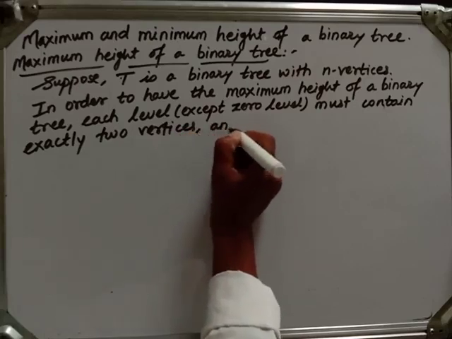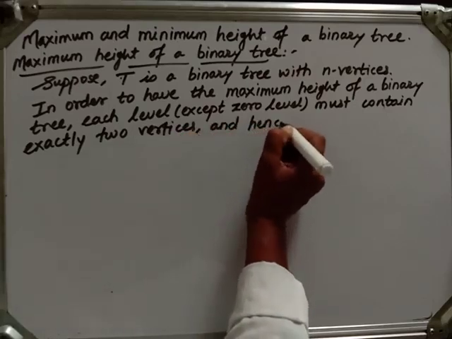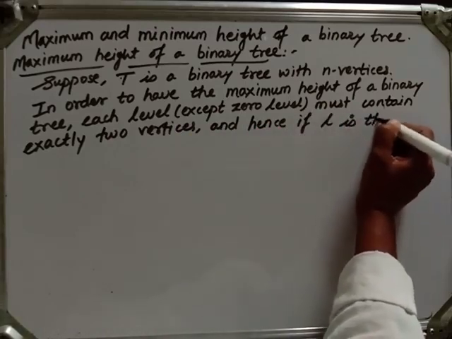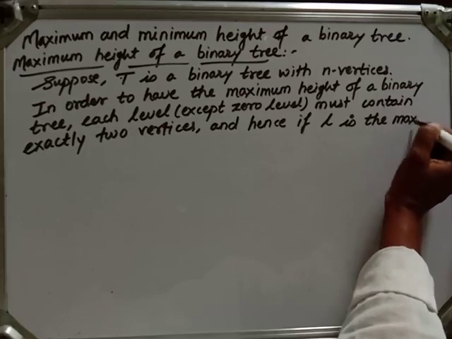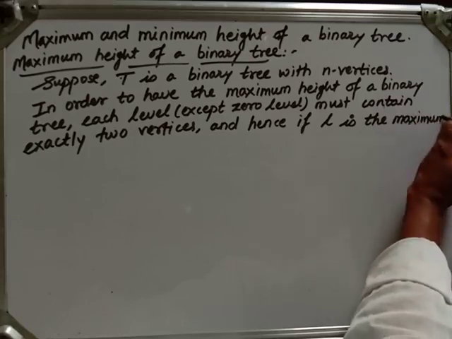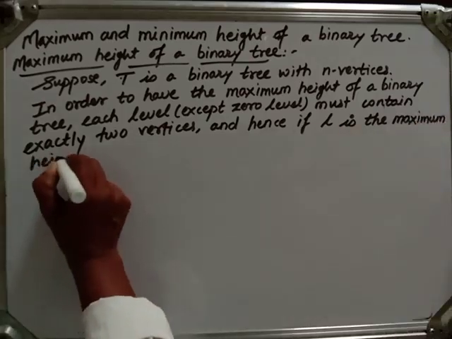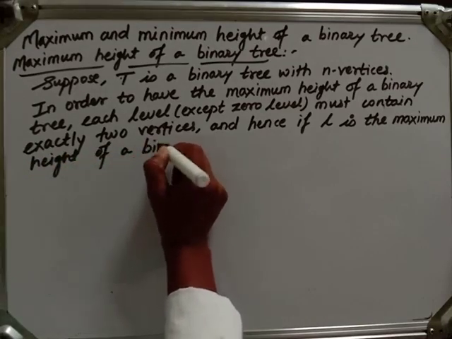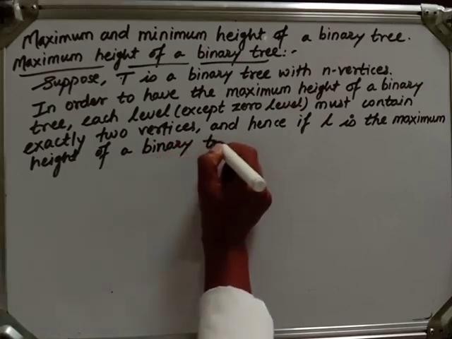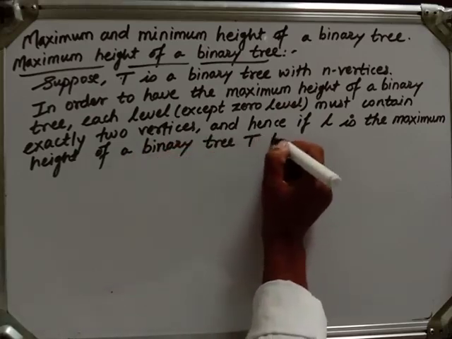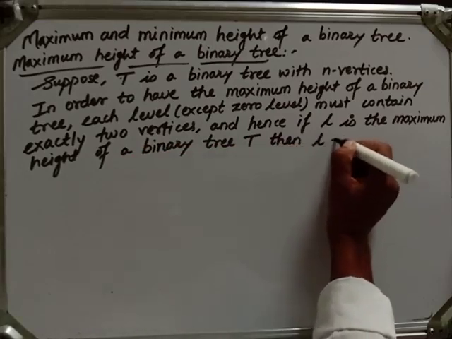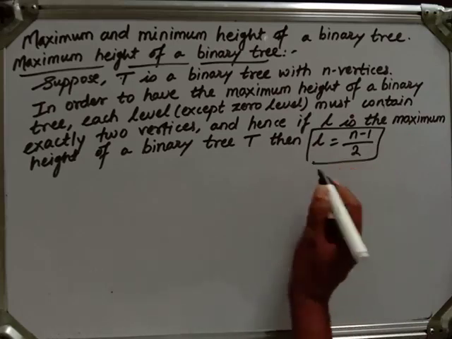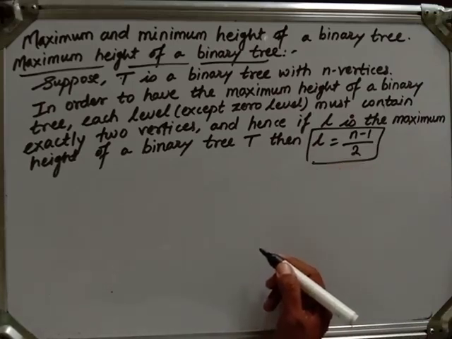And hence, if L is the maximum height of the binary tree T, then this L is nothing but n minus 1 upon 2.